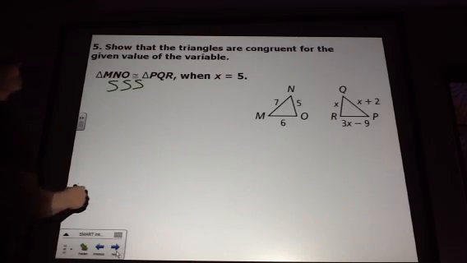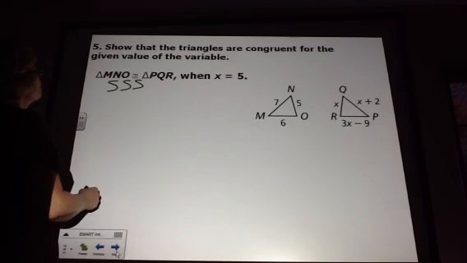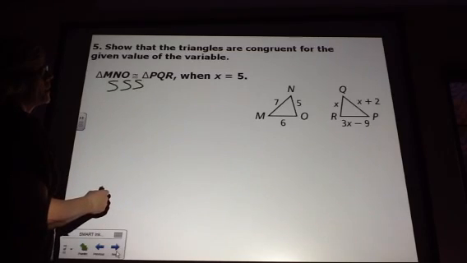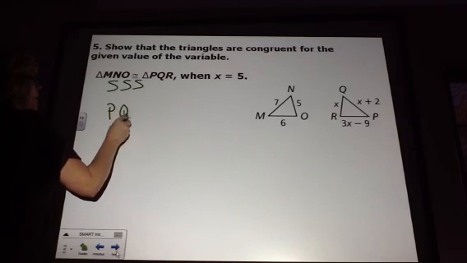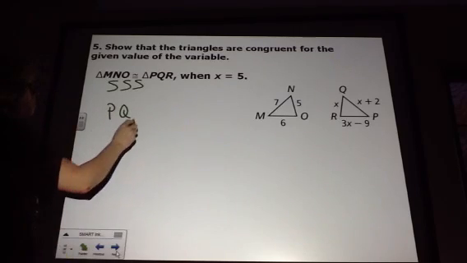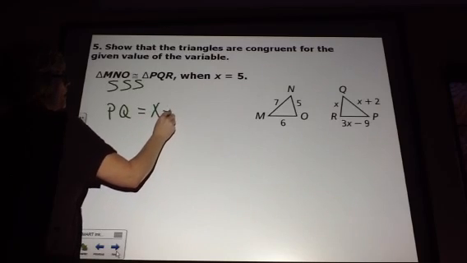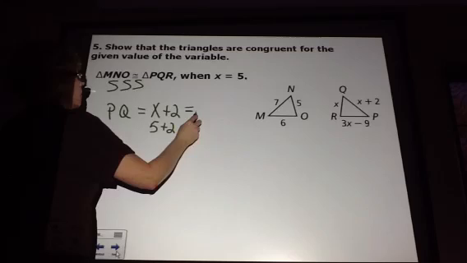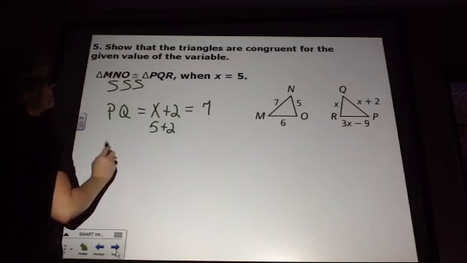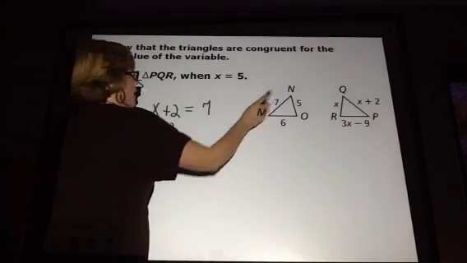So let's see here. PQ equals x plus 2, well, we're going to substitute 5 in for x, so PQ equals 7. MN also equals 7.